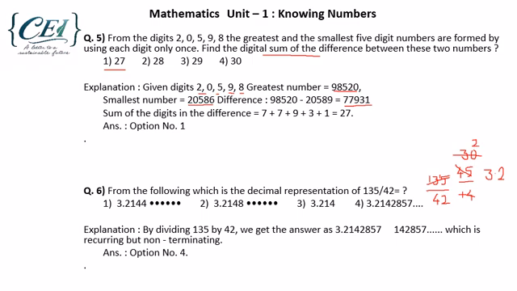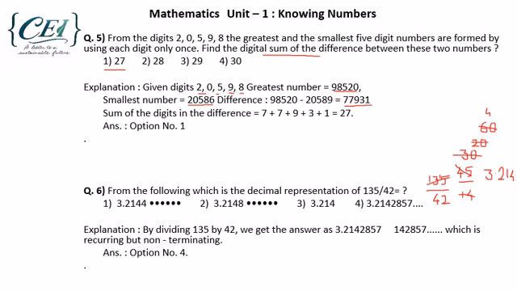You add a 0 here. If you divide 20 by 14, the answer is 1, and the remainder is 6. If you add 0, 14 fours are 56. The remainder is 4.